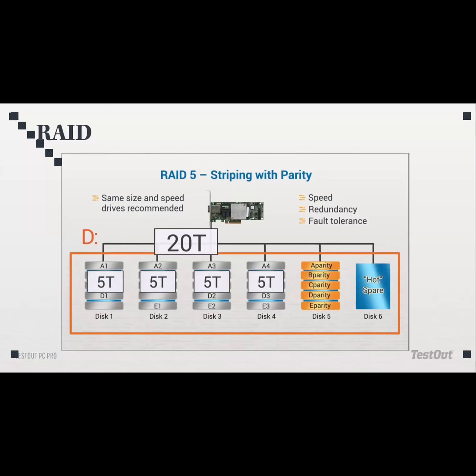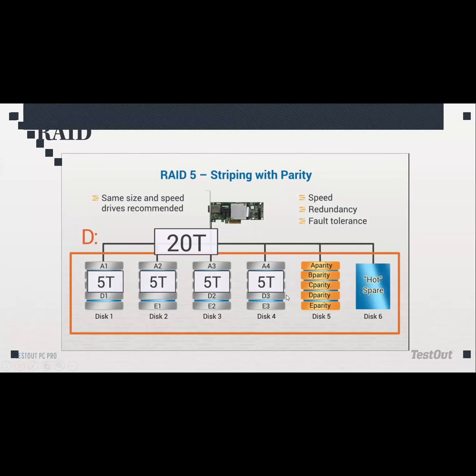If you have another implementation, like mirroring, for every 5 terabytes that you use, and we have 4 disks here of 5 terabytes each, the total is going to be 5 terabytes because it is simply a duplicate of this data that is kept here. But all of the data here is unique. They are not identical. They are simply different parts that make up the whole.